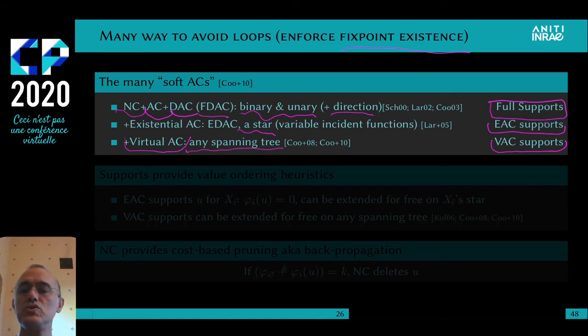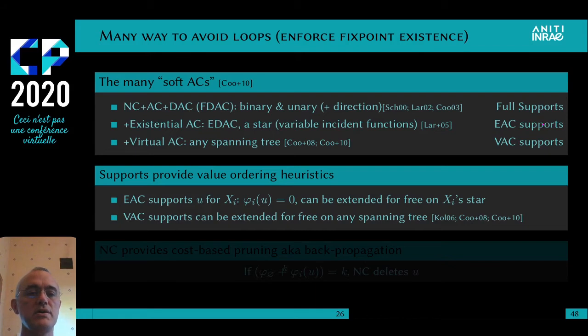And those supports are very interesting because essentially those supports provide super strong value ordering heuristics. Because we know, for example, we can prove that the support for IDAC satisfies the fact that it has unary cost 0, because it's the argmin and we subtract from it. When you subtract the minimum from itself, you get 0. And we can prove that it can be extended for free on the star on which you schedule the operation.